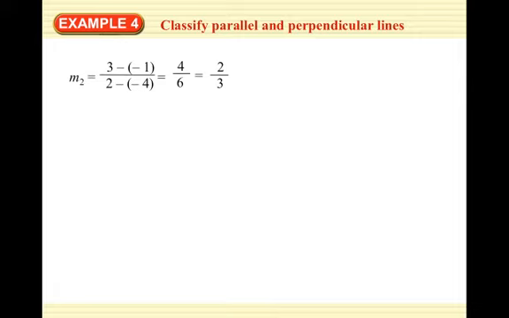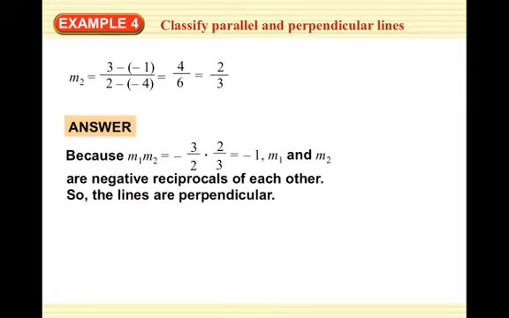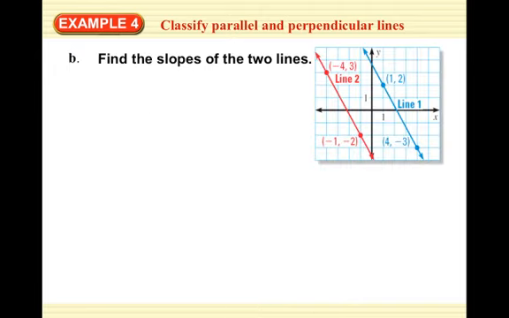So that gives us 4/6, which reduces to 2/3. Because M1 times M2 equals negative 3/2 times 2/3 equals negative 1, M1 and M2 are negative reciprocals of each other, so the lines are perpendicular. If you just want to show that negative 3/2 times 2/3 equals negative 1 and then write perpendicular, that's great.